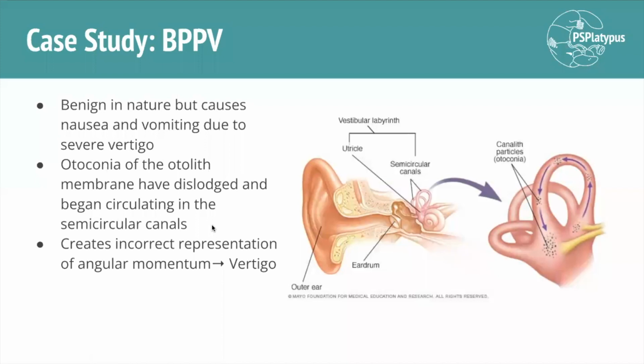An interesting case study to look at is benign paroxysmal positional vertigo. As stated in its name, it is benign in nature, but causes quite severe nausea and vomiting for the patient due to the severe vertigo it creates. This is because the otoconia of the otolith membranes have dislodged and begun circulating through the semicircular canals.